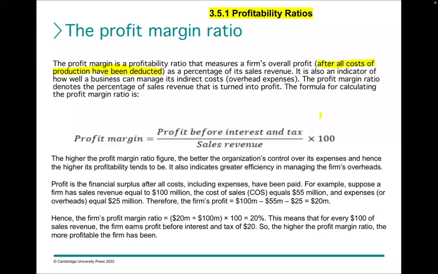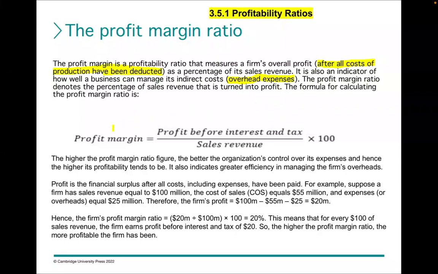It is also an indicator of how a business can manage its indirect costs, which is the overhead expenses, things that are not related to production, like rent and electricity and other costs.